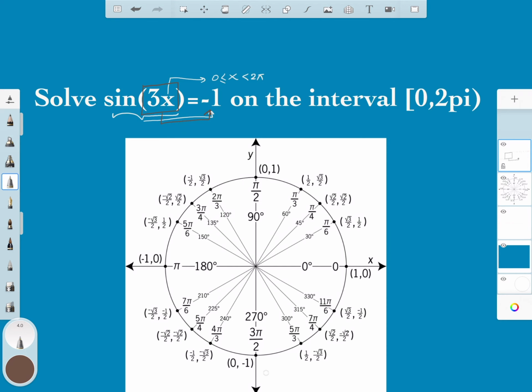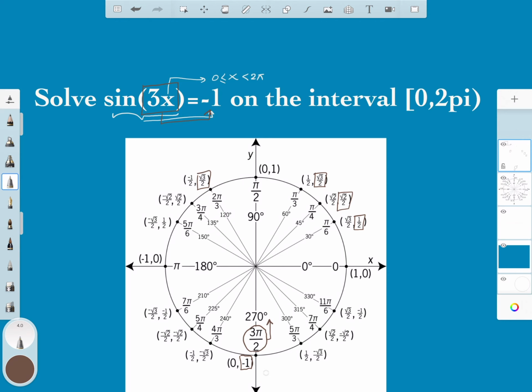So sine, the value of y, here we have 1/2, radical 2 over 2, radical 3 over 2, and so all the values of y. The one that has -1 is, here we have value of y equal to -1 at 3 pi half, or 270 degrees.